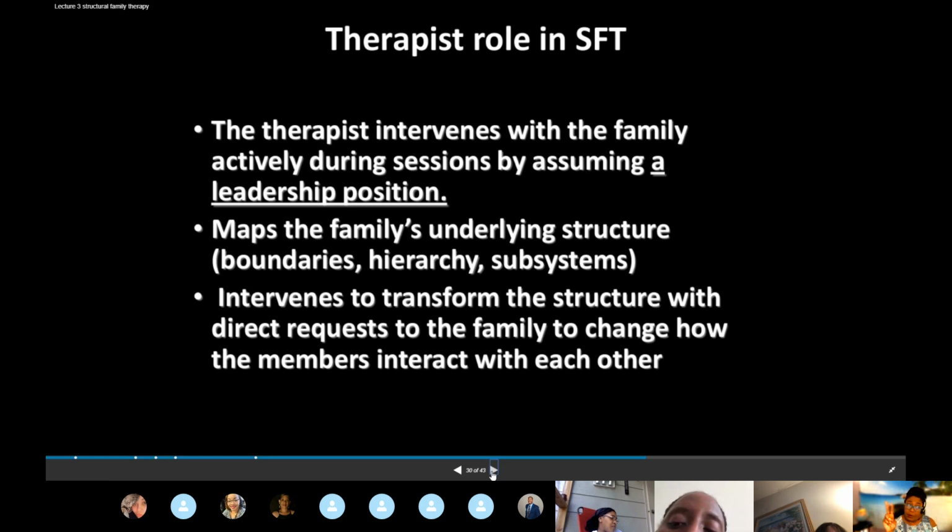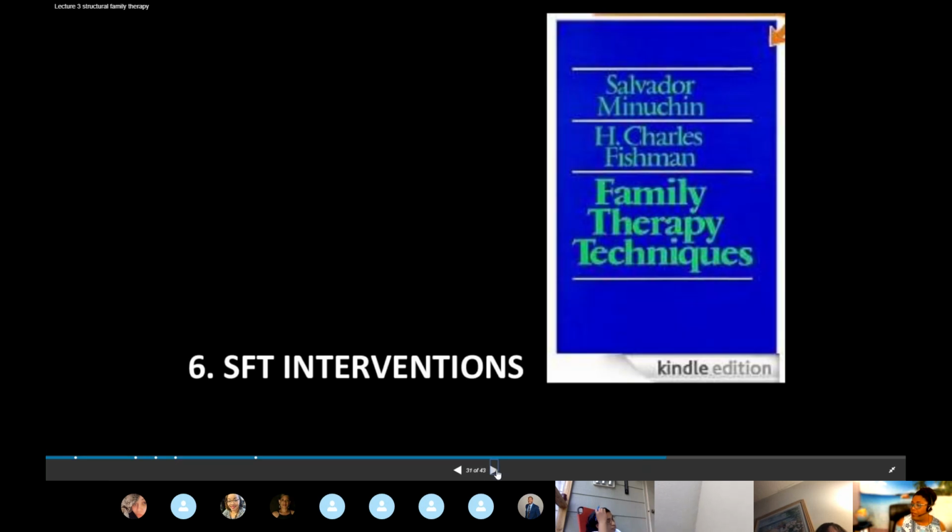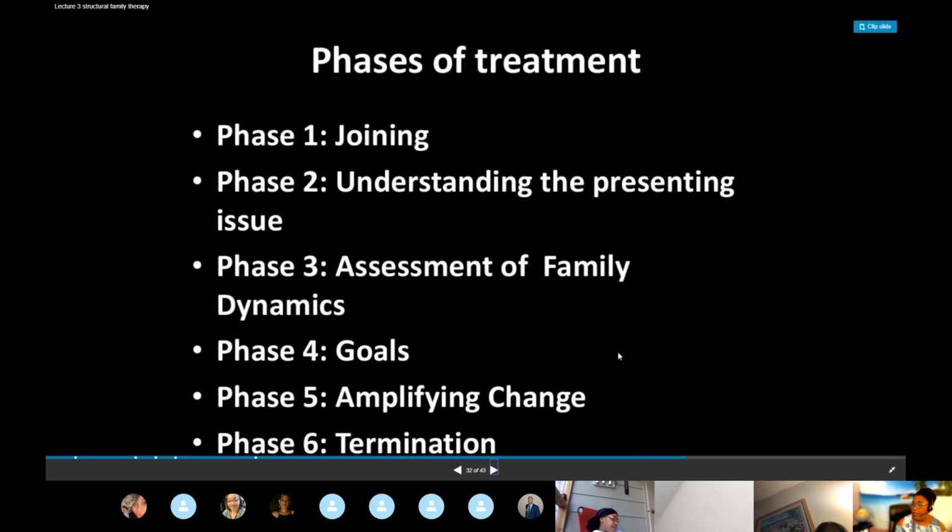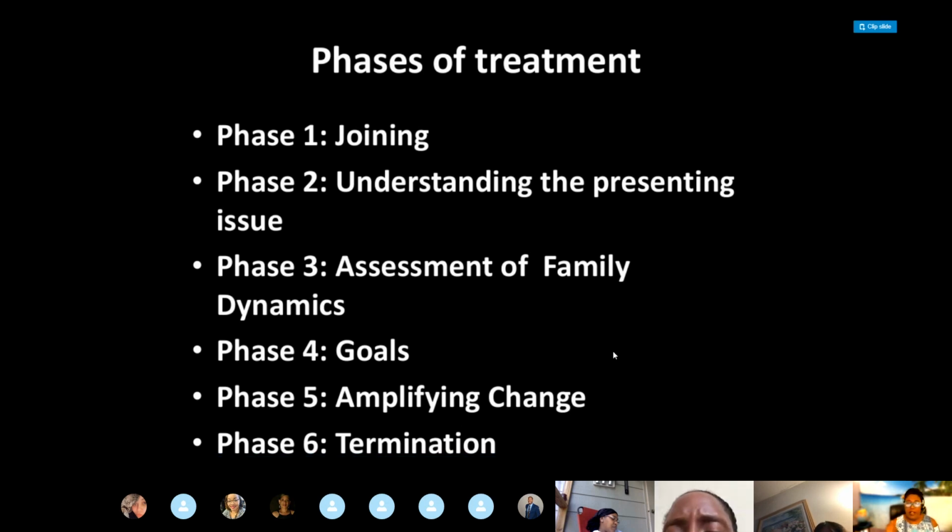But triangulation can happen with the mom and a child, and dad's kind of left out, and then if there's a fight between these 2, the mom and the child, dad can come in to diffuse that. Okay. Hierarchy are words that you'll see. Just know the words that you're going to look for if it's structural family approach. This is the one where you join the family. So literally, he would go in the house. He would have the family come in.